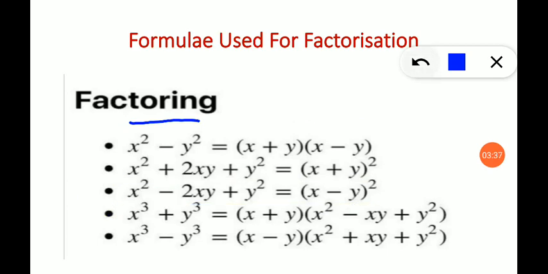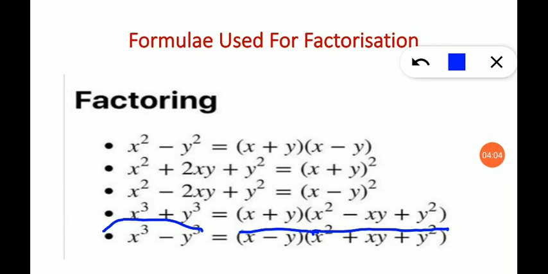But in case of cube degree, x cube plus y cube, we can write it as (x plus y) into (x square minus xy plus y square). Remember students, this is the new formula to you. x cube plus y cube is equal to (x plus y) into (x square minus xy plus y square).